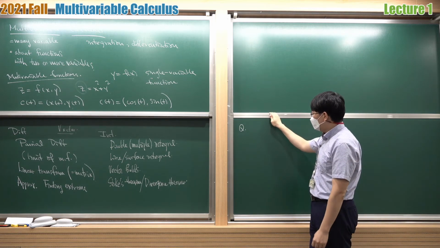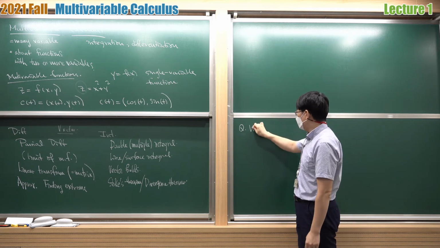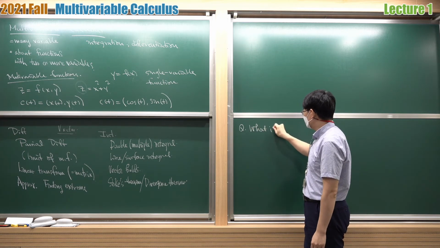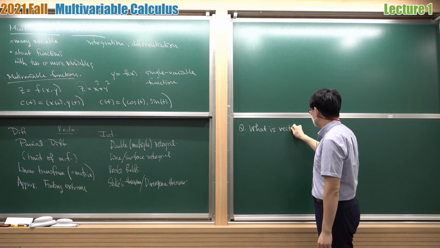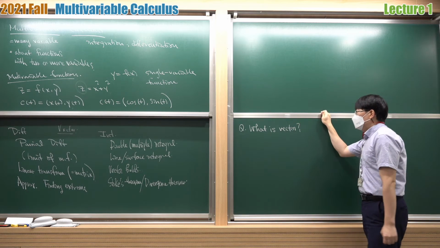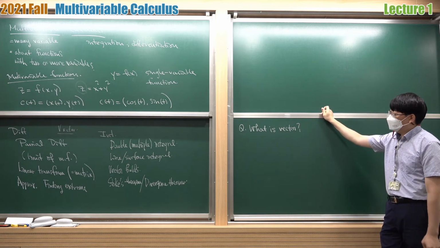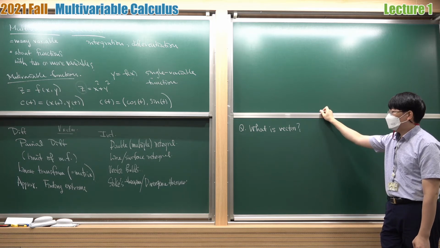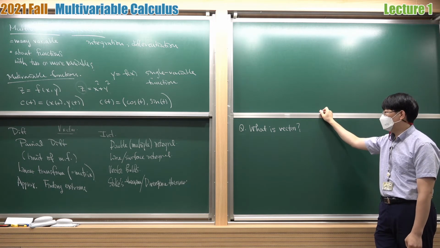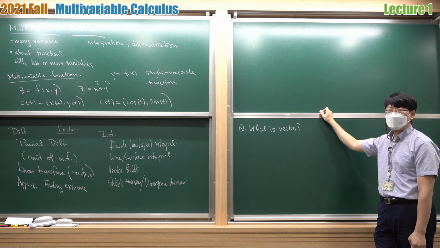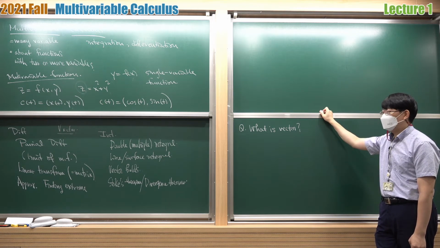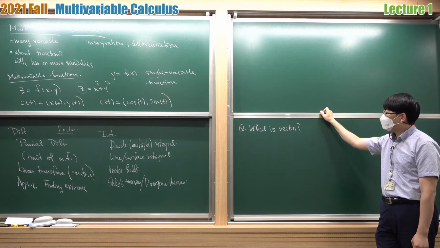Okay, so first question, what is a vector? A few years ago, I didn't have to ask this question because high school students already learned about vectors in high school. But now high school doesn't teach vectors anymore, so I have to define it.